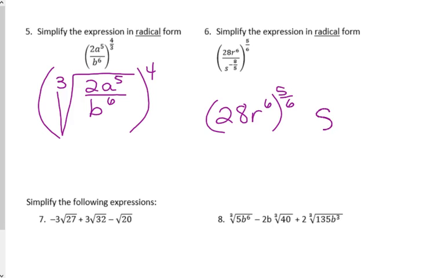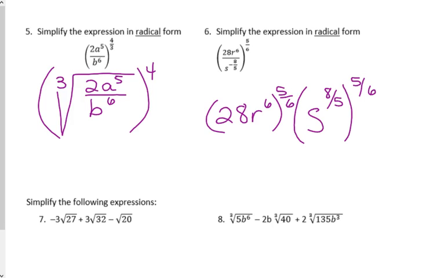So we have s to the 8 over 5. Remember, negative exponents become positive and move over the fraction bar to the other side, raised to the 5 over 6. Now remember, when you have an exponent raised to an exponent, you multiply the exponents. So we need to simplify these exponents before we can put it into radical form.